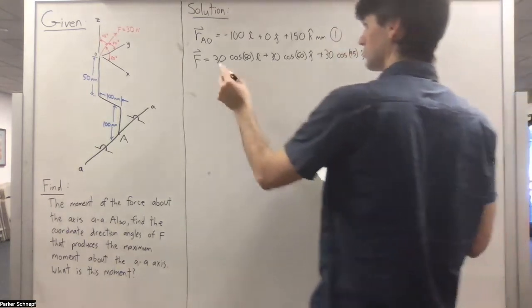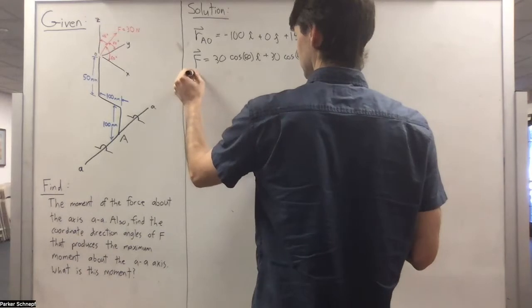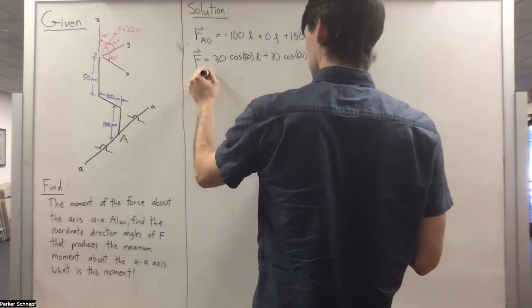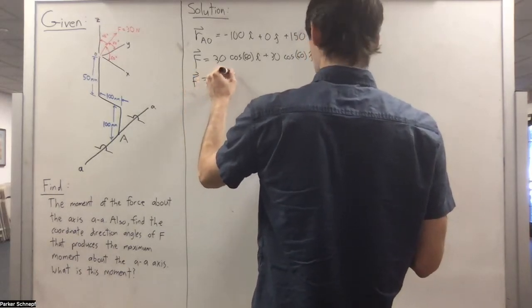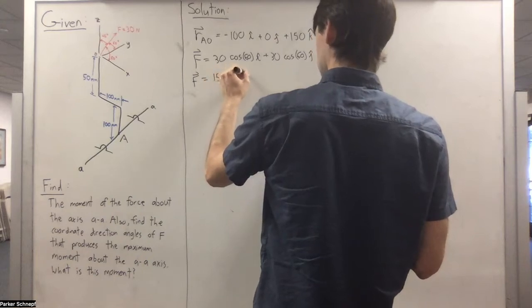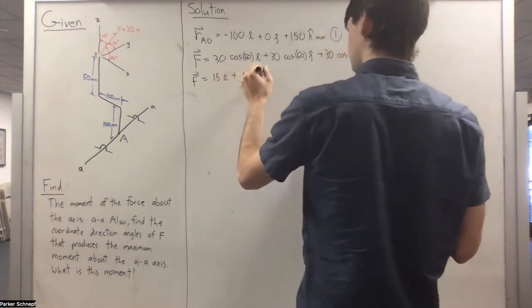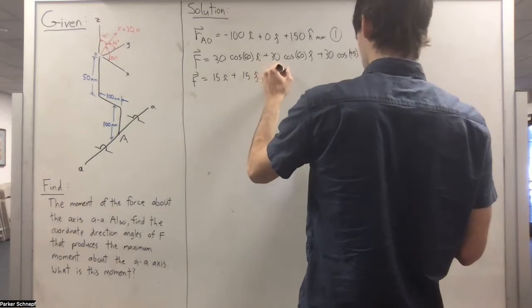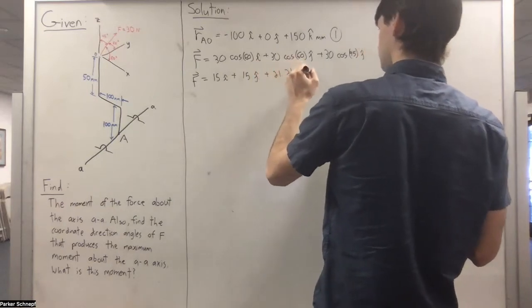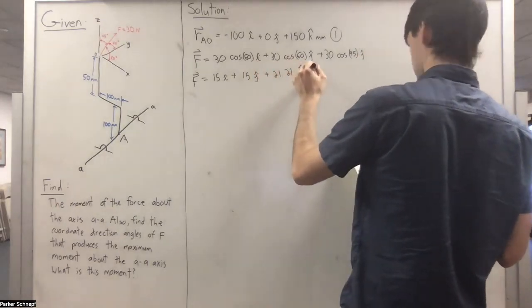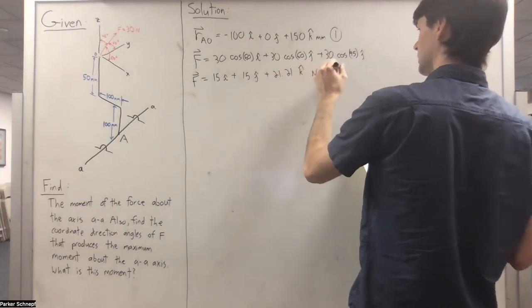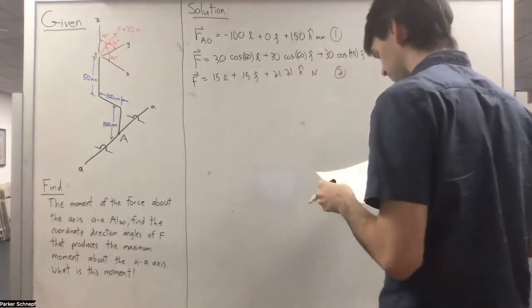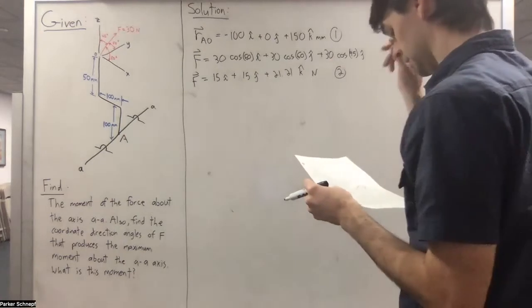And then if we just plug in the numbers, we get that the force is 15 i plus 15 j plus 21 k, and that is in units of newtons. We'll call that equation 2.